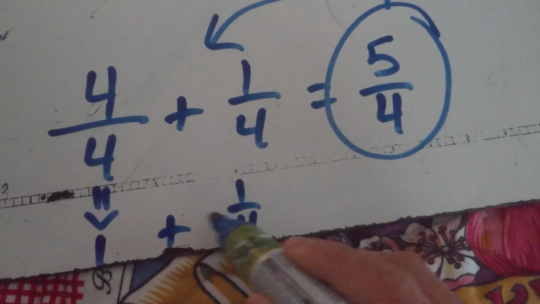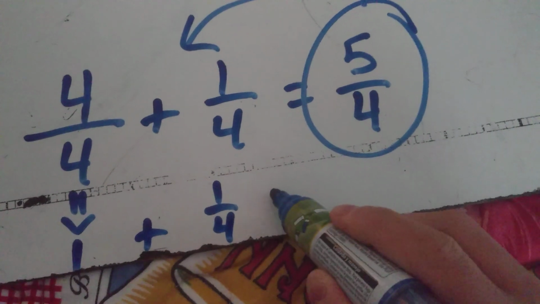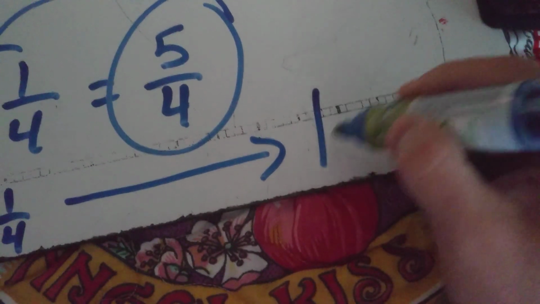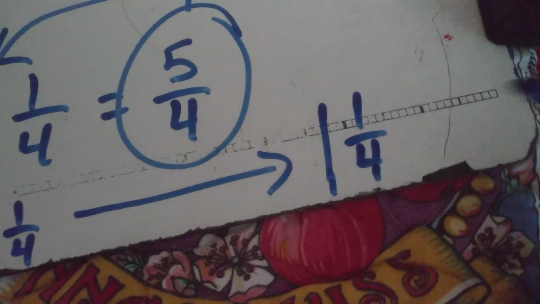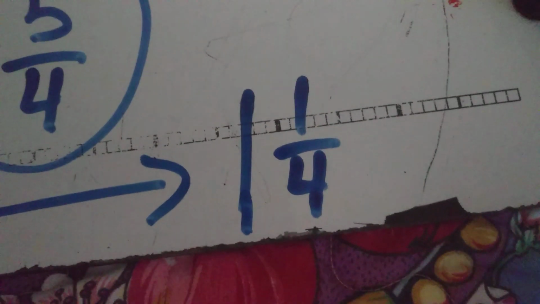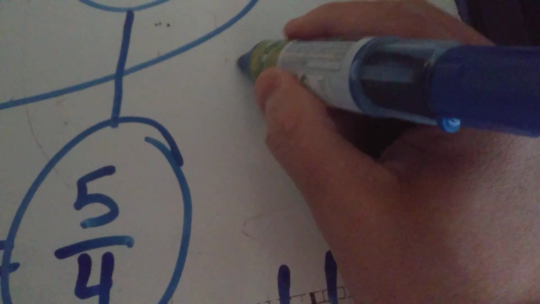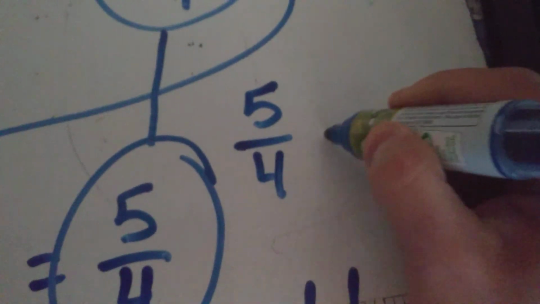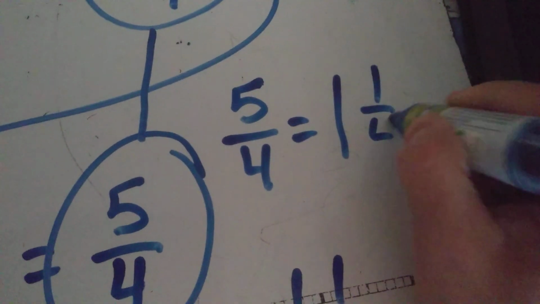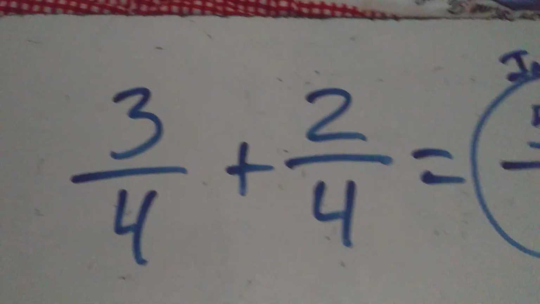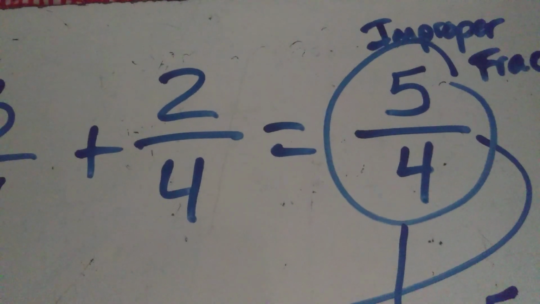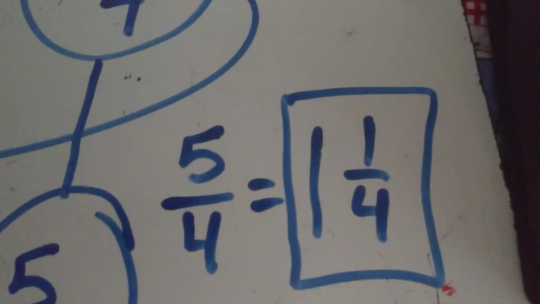So now we know we have 1 plus 1/4, and really what that means is we can just drop the plus sign, and when we make an equal fraction, it is a mixed number, it is 1 and 1/4. So to recap, 5/4 is equal to 1 and 1/4, and that is in the lowest possible terms. So again, just to recap, we have 3/4 plus 2/4 is equal to 5/4, which is equal to 1 and 1/4.